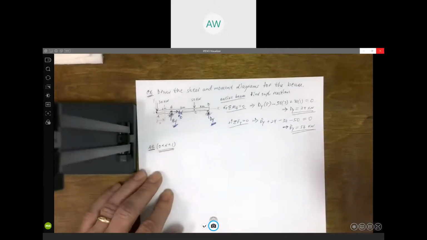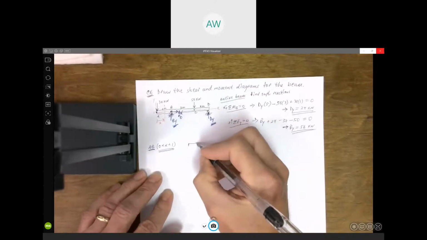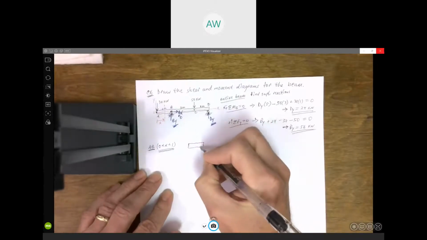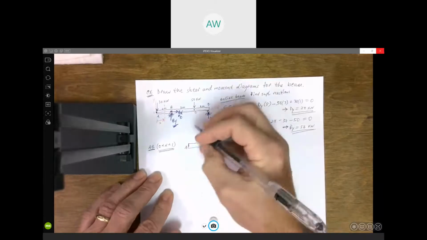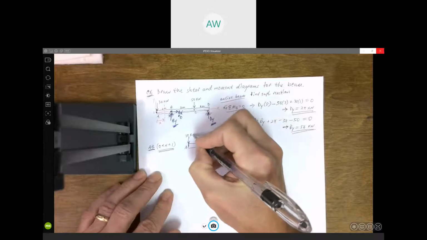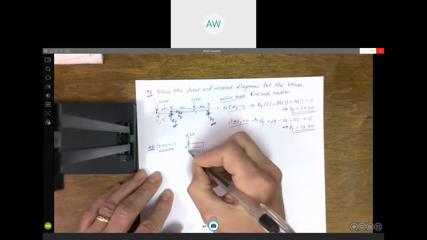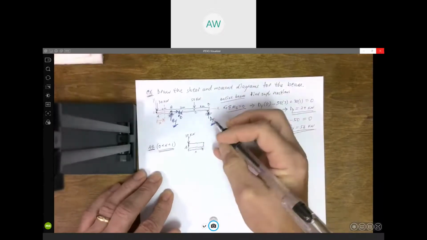So do it the same way. We draw our free body diagram. So when we cut this thing, here's point A. We've got our 30 kilonewton applied force. This is some arbitrary distance x.